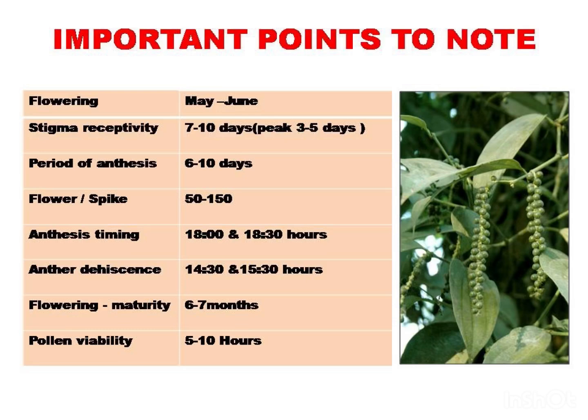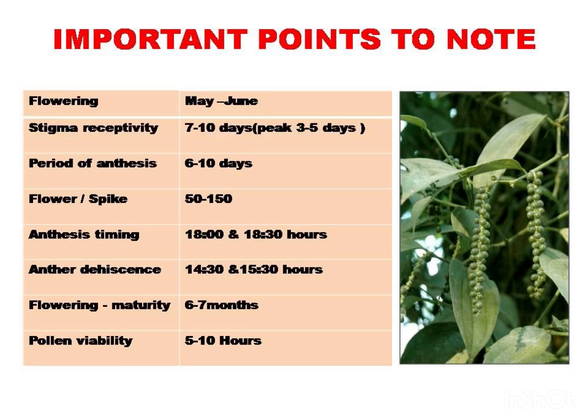Once the stigma becomes receptive after anthesis, it will be receptive for nearly 7 to 10 days, with a peak receptivity during 3 to 5 days after opening. The period of anthesis is around 8 to 10 days. The number of flowers per spike ranges from 50 to 150.